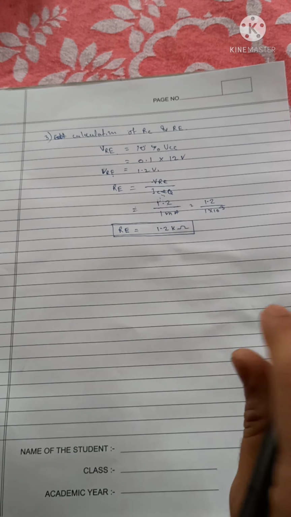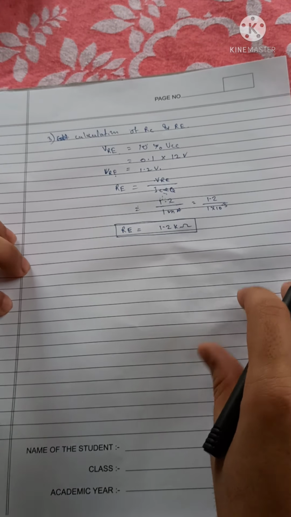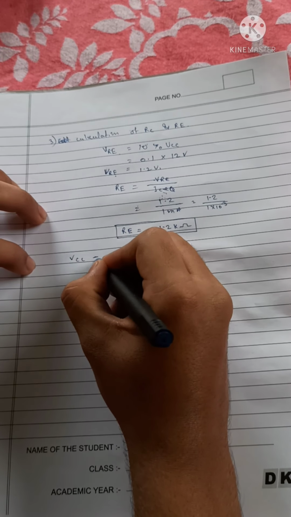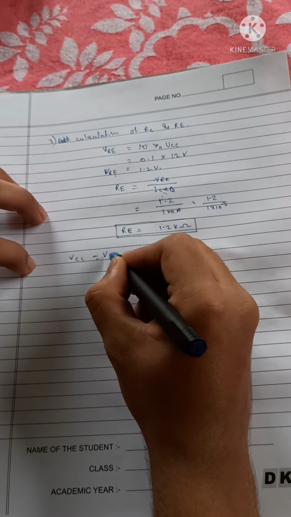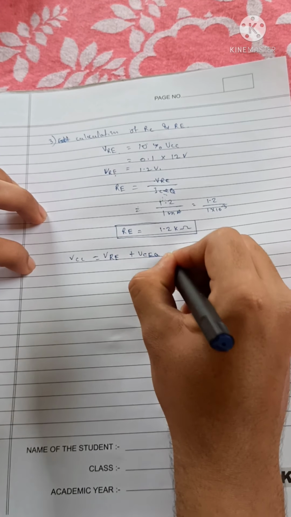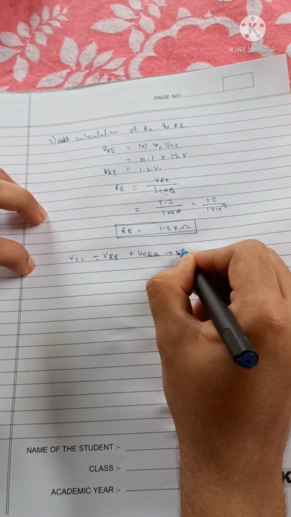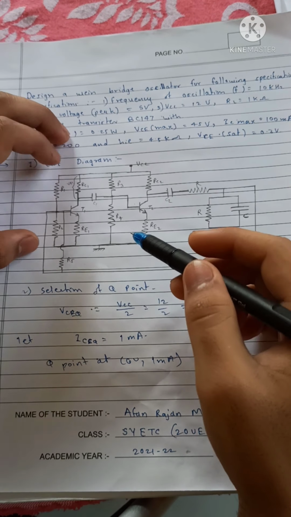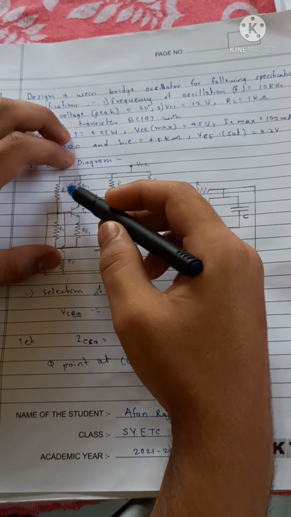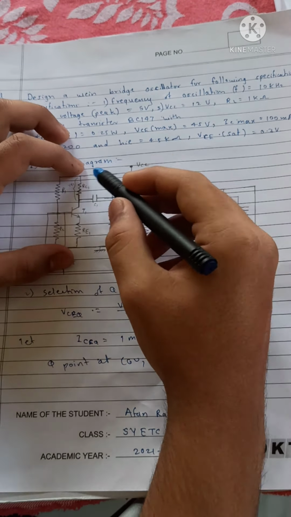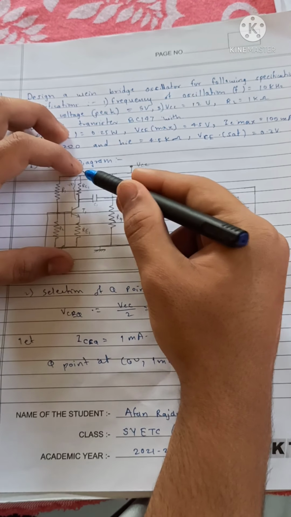As per the given diagram, VCC is equal to VRC plus VCEQ plus VRE. This is the VRC, the voltage across RC1, and this total is VCC.